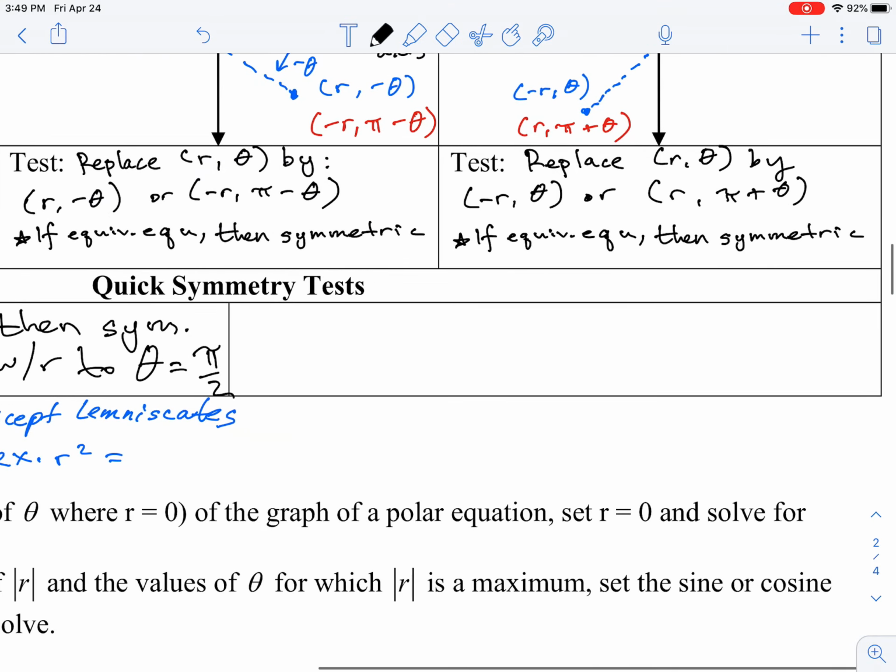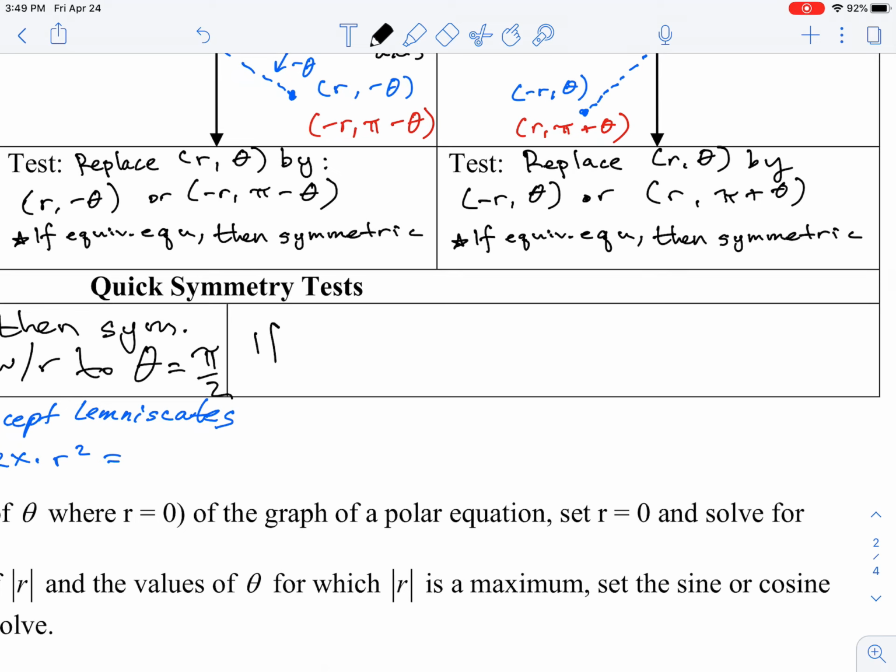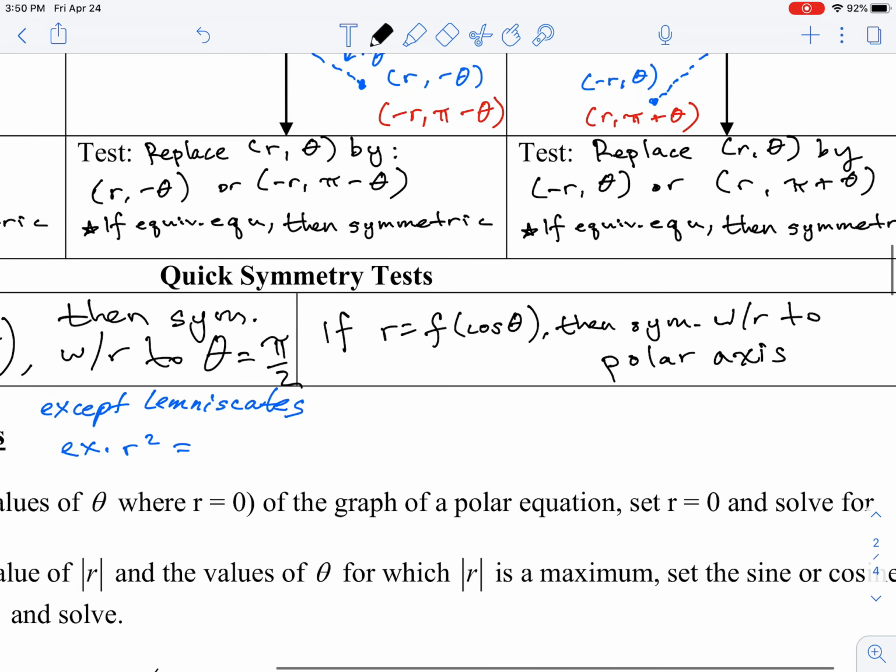Now, the other quick symmetry test that we should be aware of is for polar equations that involve cosine of theta. If r is some function comprised of cosine theta, then we can say that it's symmetric with respect to the polar axis. One way to remember the two of these is to think about the polar axis in rectangular terms.